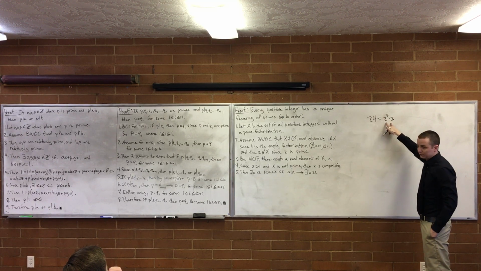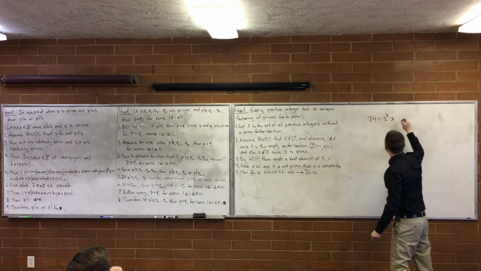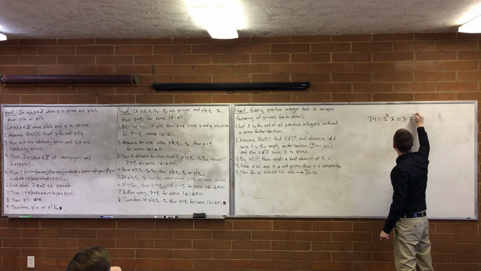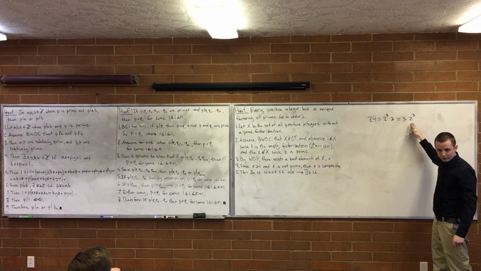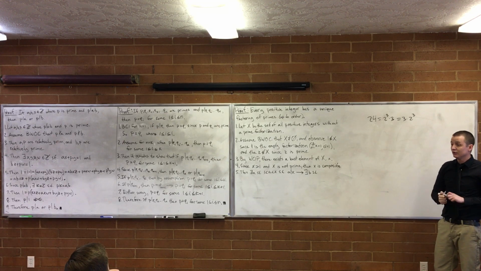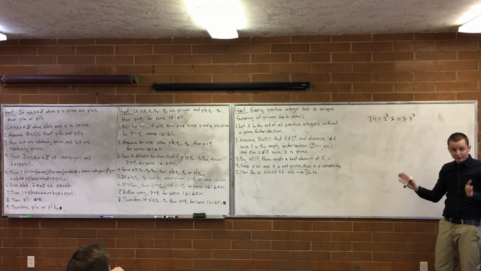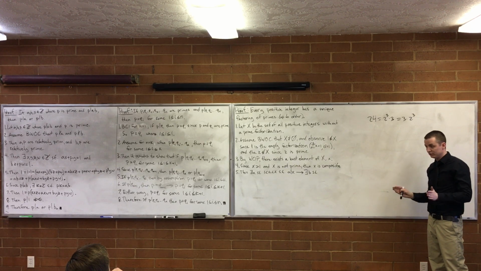And these are the only prime numbers that multiply together to give you this. The reason we say it's unique up to order is you could have also written this as 3 times 2 to the 3. So you could have changed the ordering that you're multiplying in, but the prime numbers themselves that you're multiplying together are going to be unique. So every positive integer you can think of has a unique prime factorization.